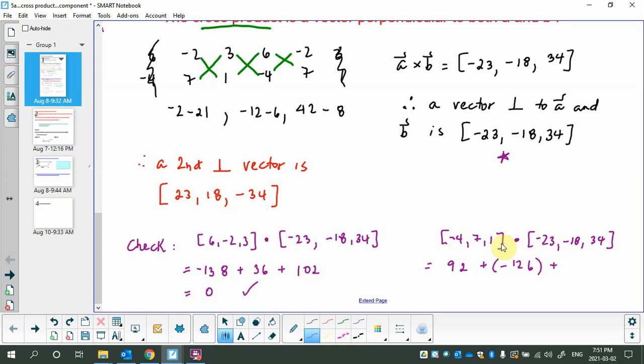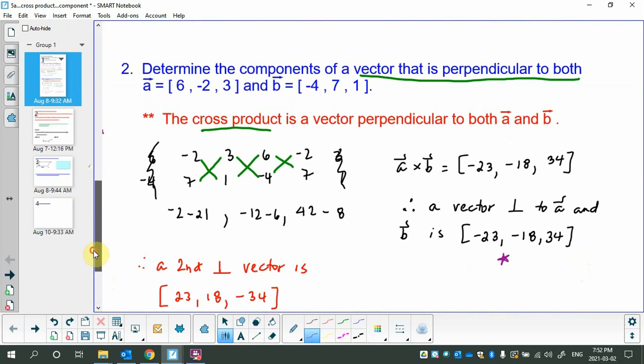And then add that to 1 times 34. Whew, that one's easy. So if I take 92 and 34, it's 126. And here's a negative 126, so that's a 0, and it is in fact perpendicular. So this vector here with my star is in fact perpendicular to both of the original vectors, which is what I was aiming for in the first place.